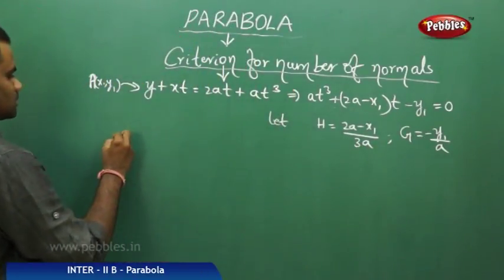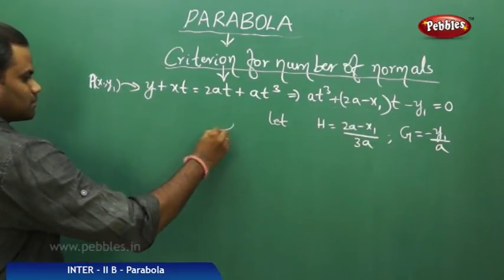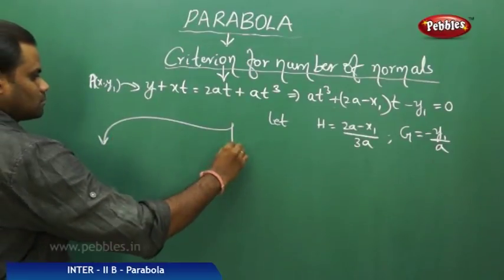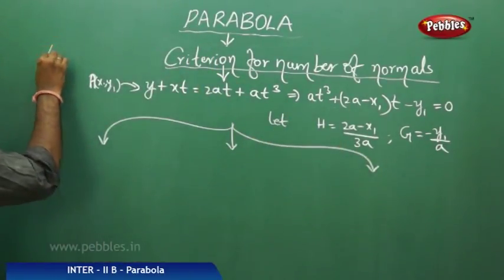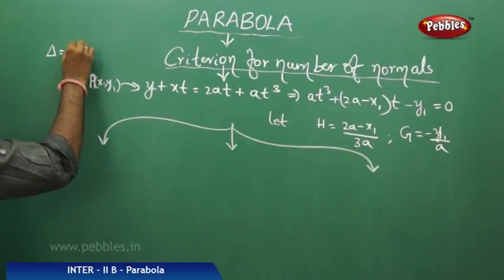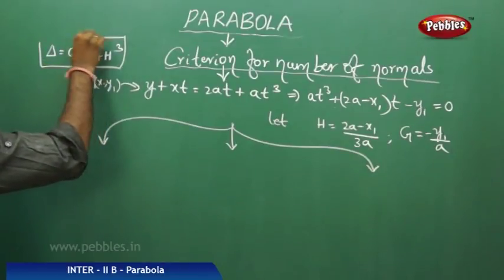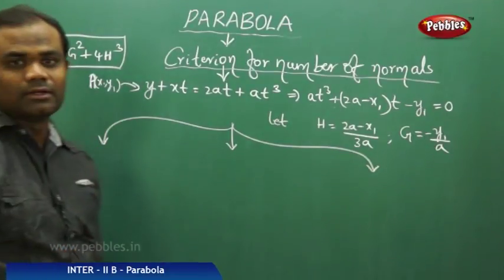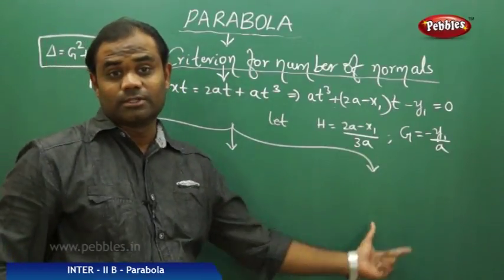So with this, we have three cases with delta, which I define as g squared plus 4h cube. I get three cases through which I define the number of normals as 1, 2, or 3.